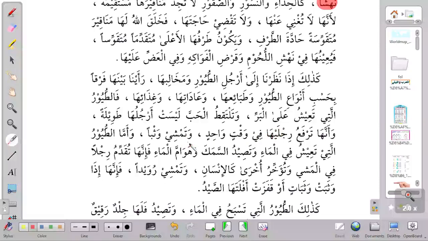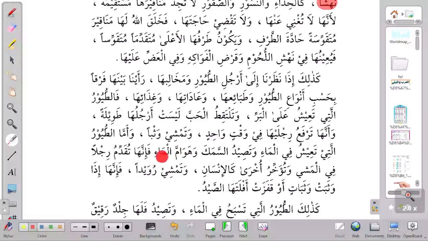So that's what he's saying. Watamshi wathban, and then they walk leaping. Wathban means leaping. Wathaba means to leap, similar to hopping, like you jump with your two legs at the same time. Wa amma tuyur allati ta'ishu fil ma', but the birds that live in the water, wa tasidu as-samak, and then they hunt fishes, wa hawam al-ma', and then the water vermin.